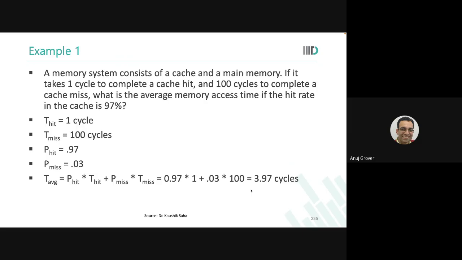Now P hit for L2 is, let us say, 0.99, and T hit L2 is equal to 8 cycles, and T miss L2 is equal to 100 cycles. Calculate करो इसका.